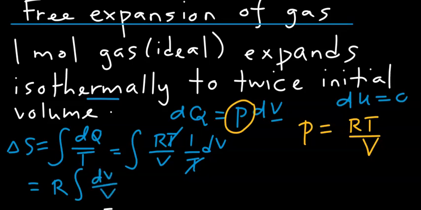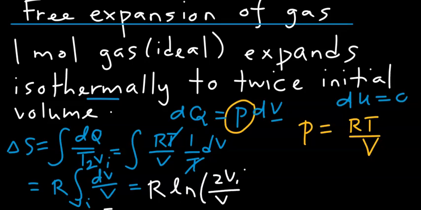Now note the volume is increasing to twice the original value. So if the original value is, let's say, V sub i, the final value is 2Vi. So the result simply becomes R times natural log of 2Vi over Vi.